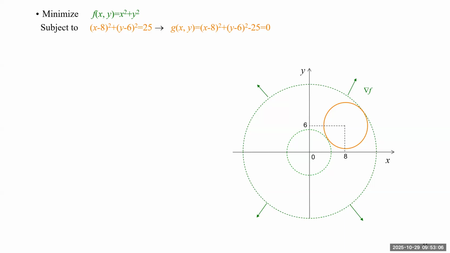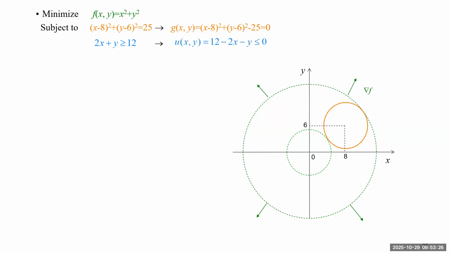But now we want to add an inequality constraint. The inequality constraint says 2x plus y cannot be less than 12. 2x plus y equals 12 means a straight line, and not less than 12 means one side of the line, including the line itself.